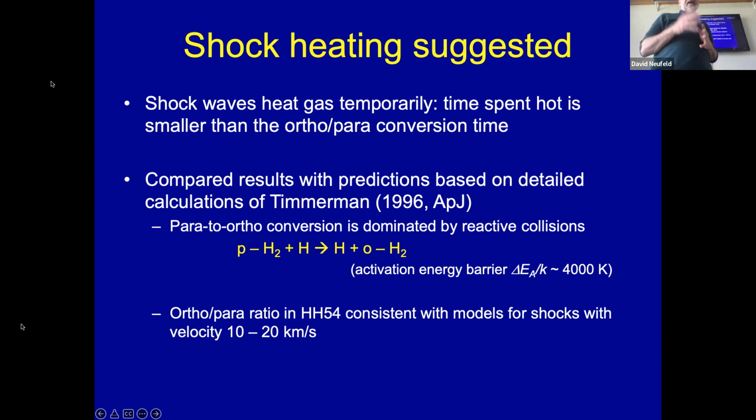So that's what goes into the calculation of the time scale for the ortho-para conversion. You also need to know the time period for which the shock elevates the gas temperature, how much time is available for this ortho-para conversion. And that then would get into some of the other things that you mentioned.